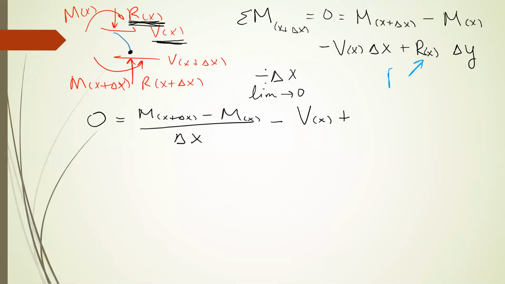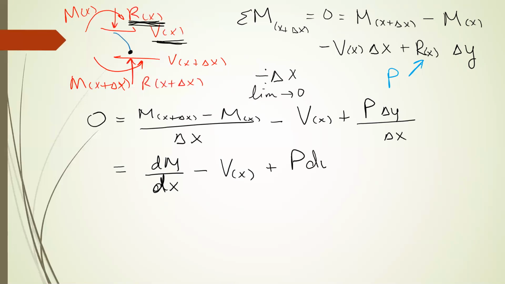Because we know that this is equal to P. I'm going to say plus P delta y over delta x. And the limit going to 0 says that this is dM/dx, that's a change in moment over change in x, minus V of x plus P dy/dx. That all has to equal 0.